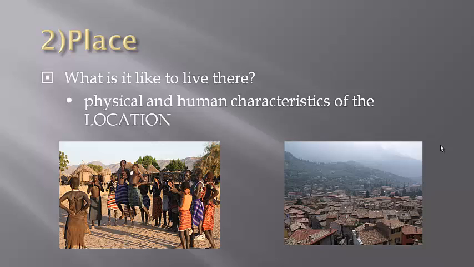The second theme of geography is place. Place could be defined by asking the question, what is it like to live there? I kind of like to use the analogy of this is that little mental picture we get in our mind when somebody mentions a place.